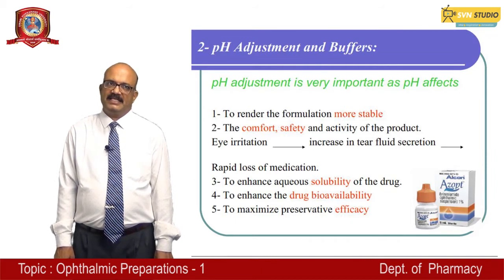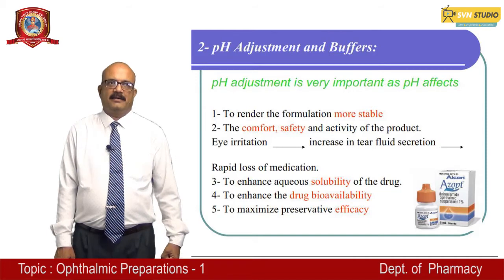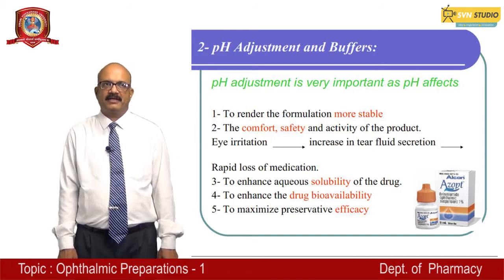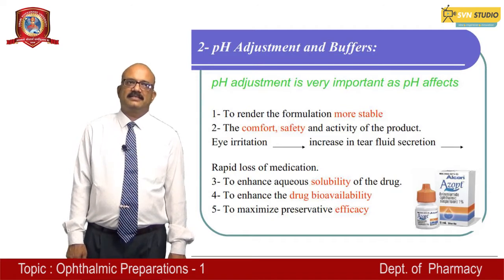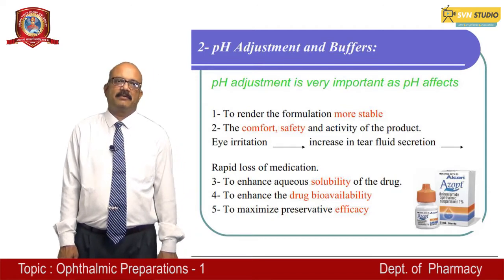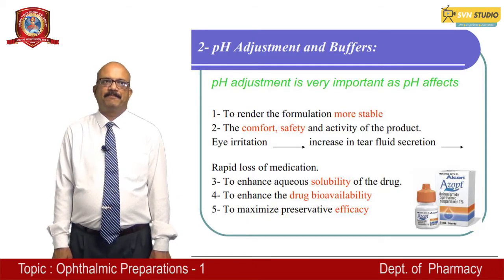If you have a pH that is stable for the whole stability period or shelf life of that product, it will be a good product, and there will be very minimal chances of that product getting contaminated during the storage period.